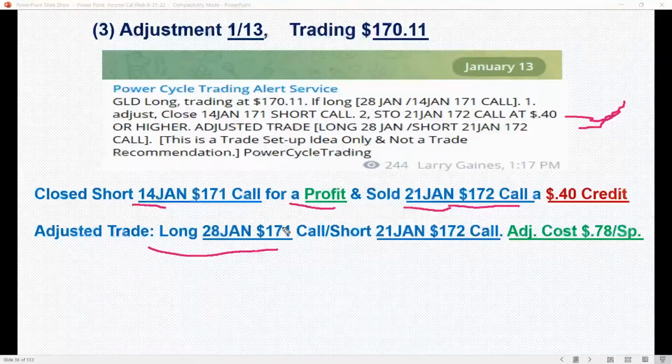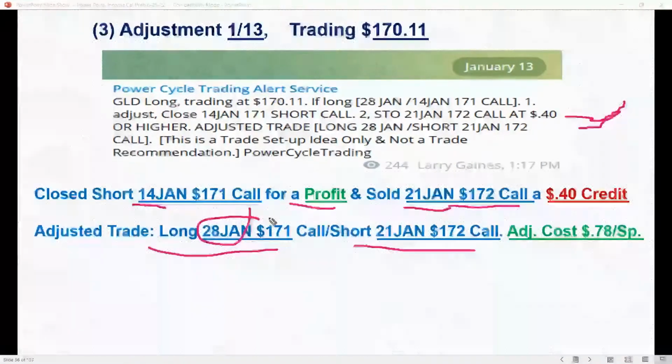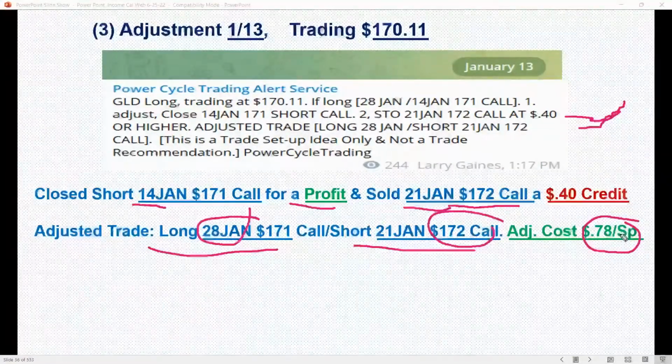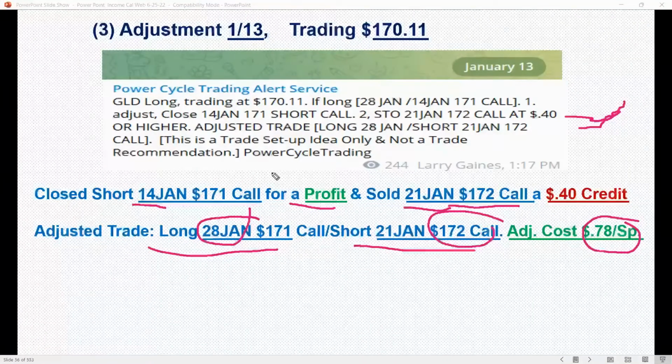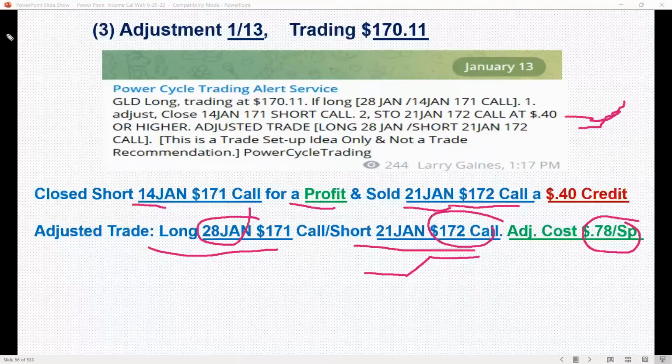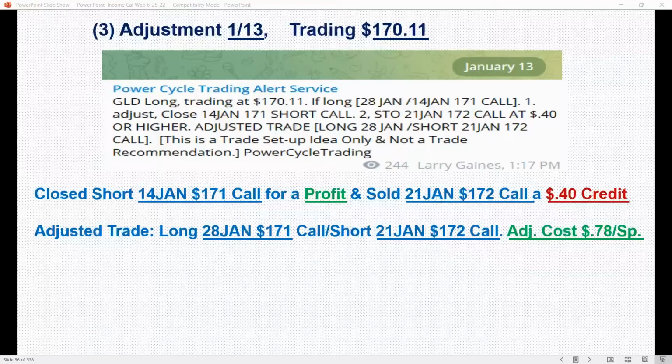So now we've got the adjusted trade. We're long the 28 Jan 171 call, now short the 21 Jan 172. So we've got a dollar-wide spread, and now we've got our trade cost down to 78 cents per spread. We've amortized down the trade costs, and made this into more of a diagonal spread to give us more potential profit if we get that direction to finally kick in.